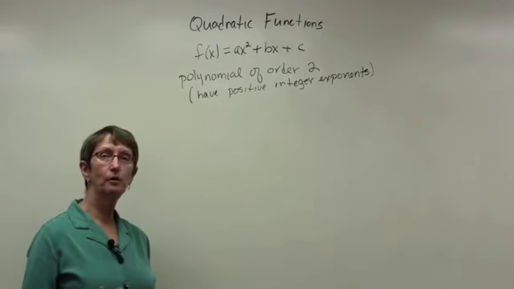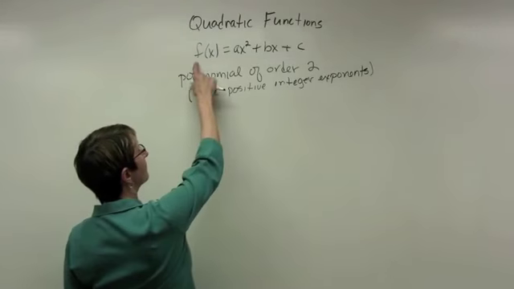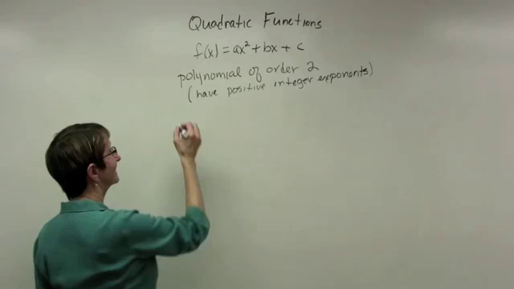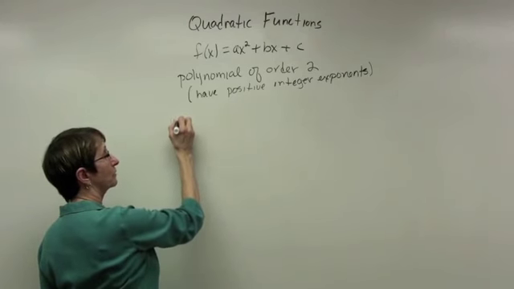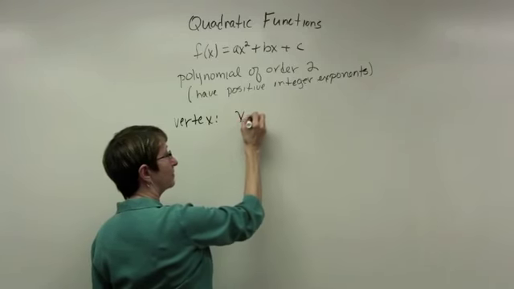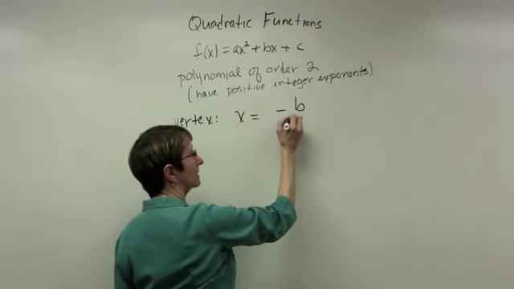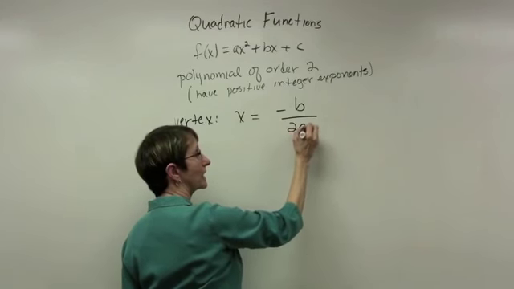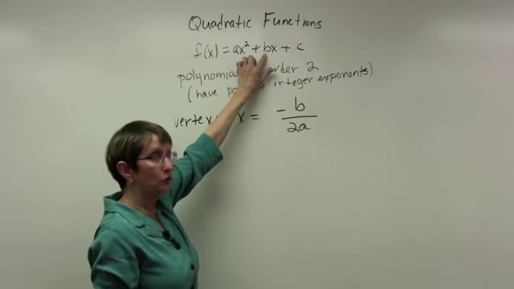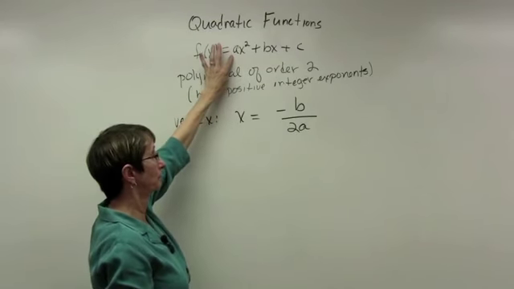Now we'll look at finding the vertex precisely from the formula f of x equals ax squared plus bx plus c. The x value of the vertex can be found by taking the negative of b over 2 times a, using the b that is the coefficient of the x term and a that is the coefficient of the x squared term.